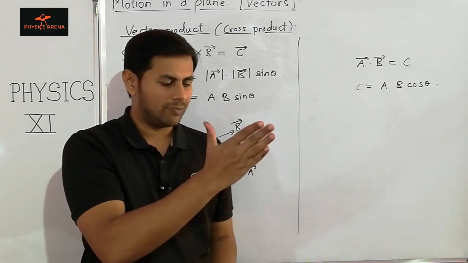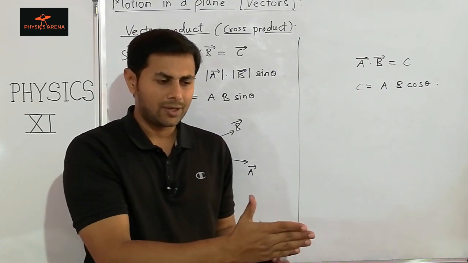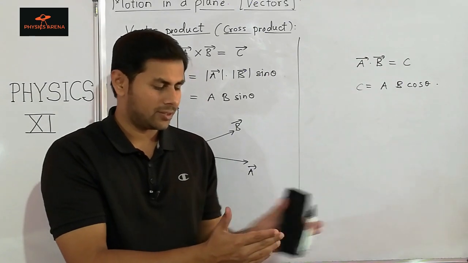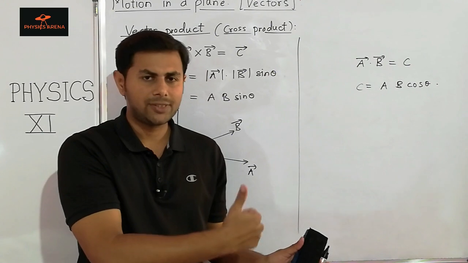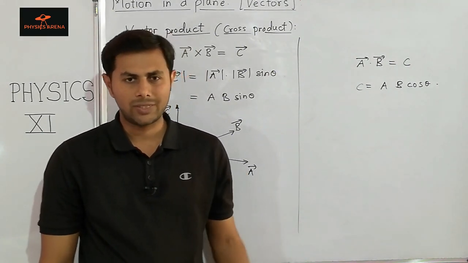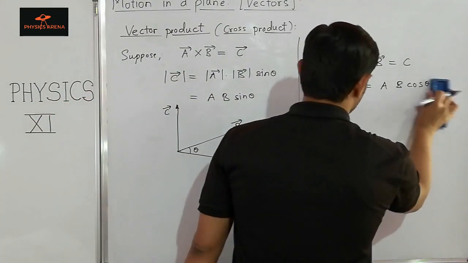Okay, so keep the right hand in direction of first vector, which was this direction, curl fingers towards the second vector, which was this direction, and stretch the thumb. So stretched thumb will give direction of resultant. Okay, so it is right hand rule.